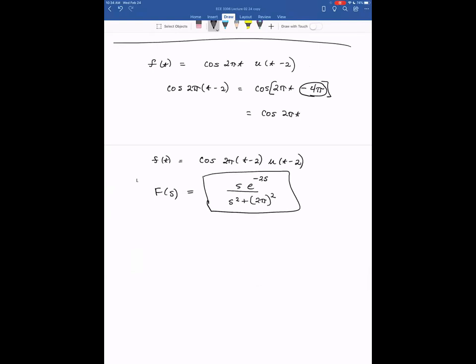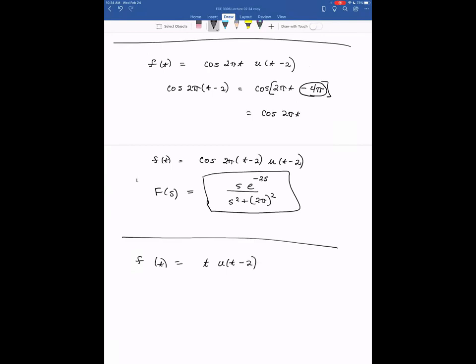Okay, so let's extend that a little bit and look at another function, f of t. Let's do t u of t minus 2.